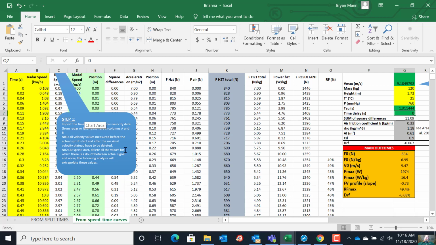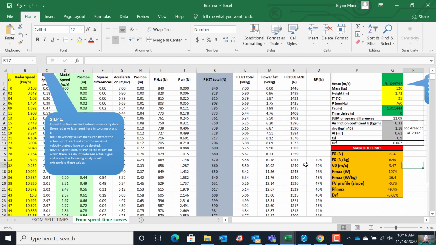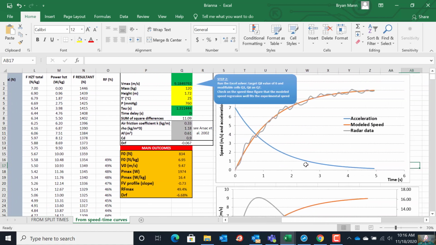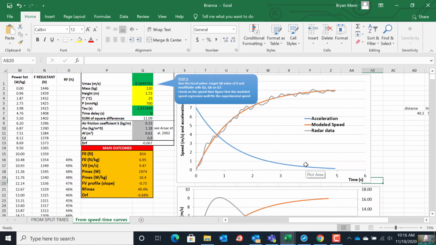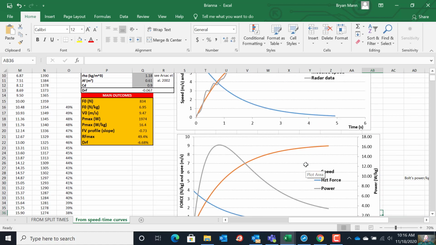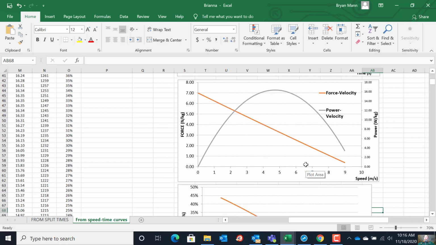So you've got to delete whenever you've plateaued, and delete before you start. You copy and paste all the data into the time and the radar speed. It models everything, and it will do the same thing for you. Okay, so it's pretty cool, right?